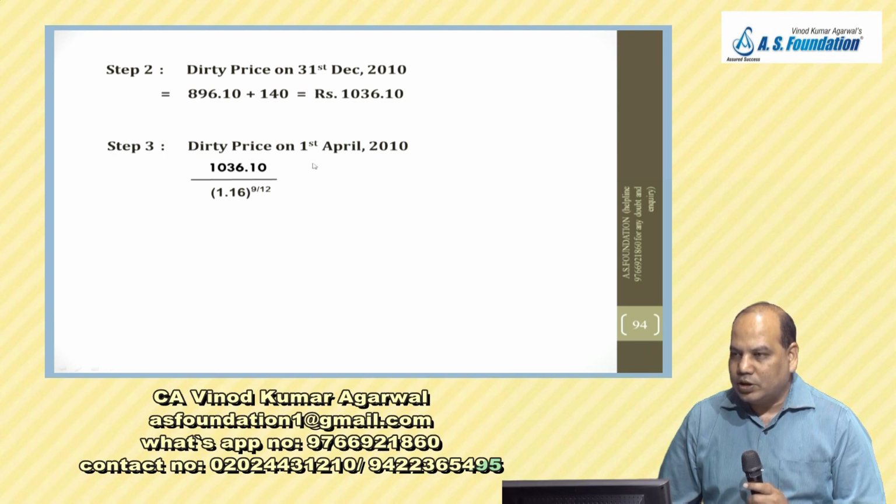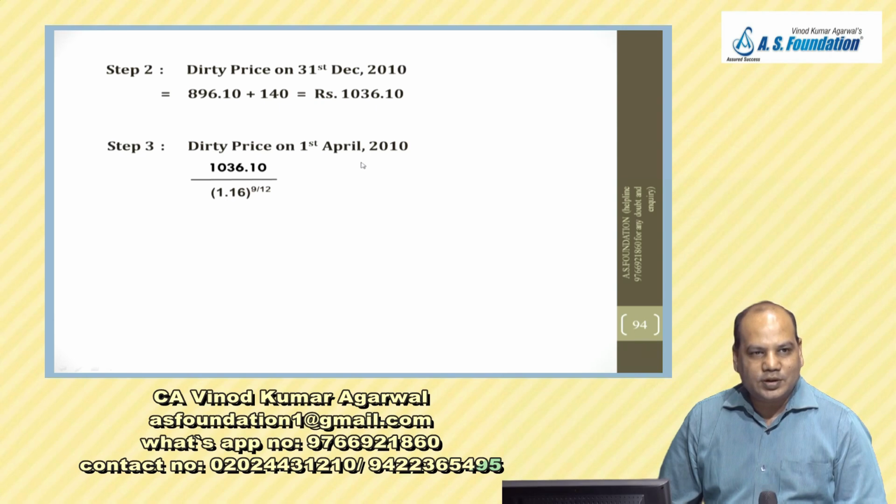Step 3, dirty price on 1st April 2010. Take the future value, divide by 1 plus r. R is 16%. Number of years are 9 months. 9 months means 9 by 12 years.